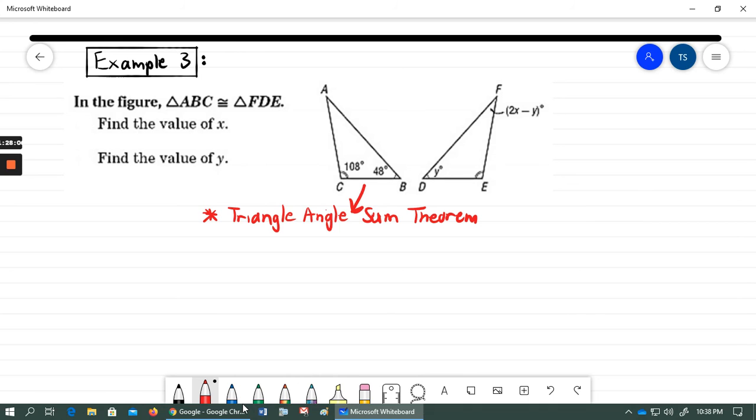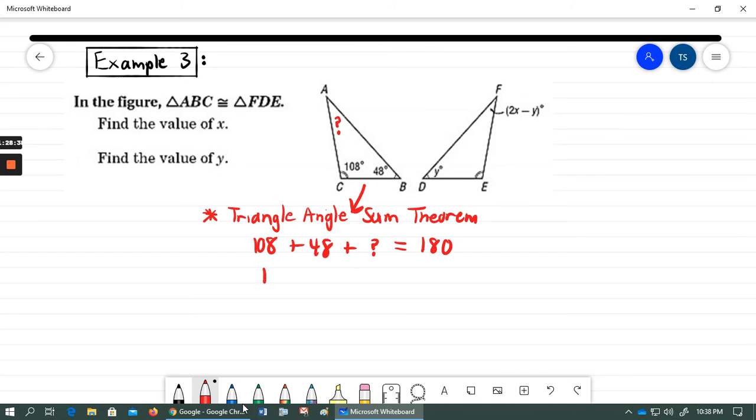The triangle angle sum theorem says that all three of these angles here are supposed to add to 180 degrees. So if we want to find out what that missing angle is, we go ahead and do that. We have 108 degrees plus 48 degrees plus that missing angle in this triangle on the left side, and all three of these interior angles are supposed to add to 180 degrees.